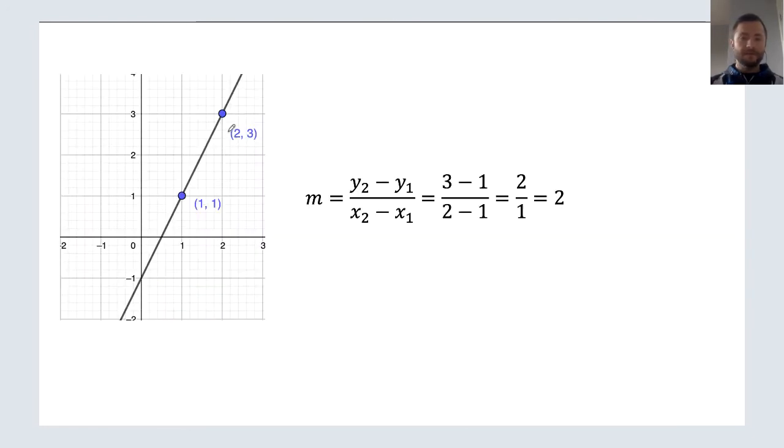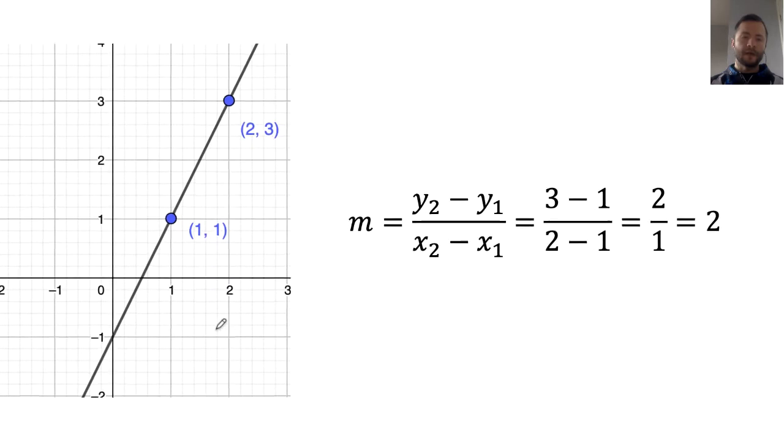So here I have an example of a line. The line goes through 2 points. The first point with coordinates of 1 and 1, and the second point with coordinates of 2 and 3. In order to find the slope, the first thing I need to find is the vertical distance between the 2 points, and the second thing is the horizontal distance between the 2 points.